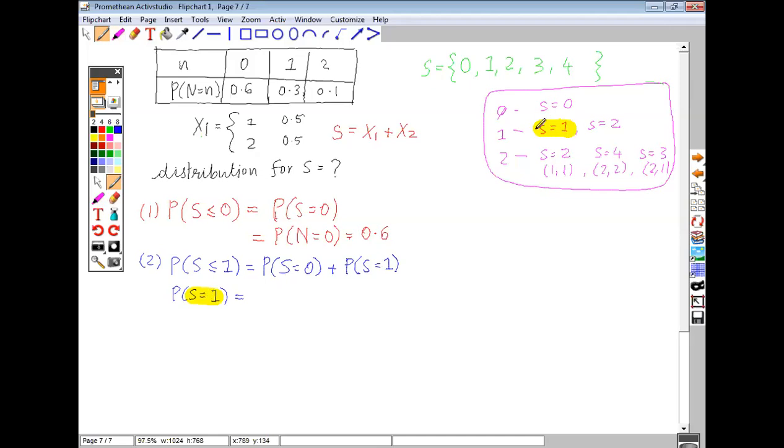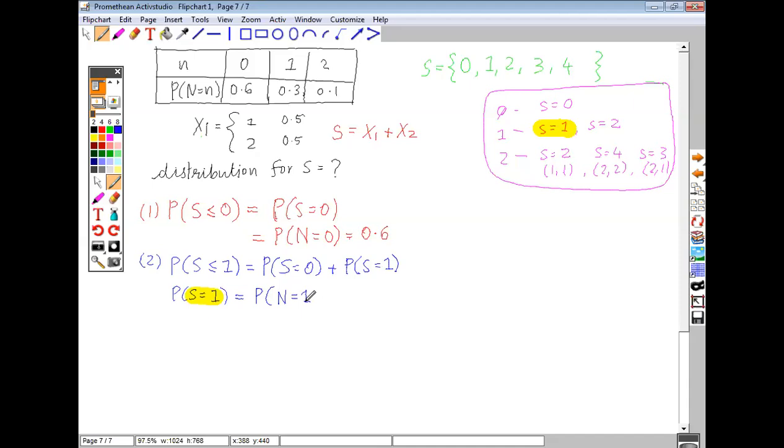What were the conditions satisfied here? Probability n equal to 1 into probability x equal to 1. Exactly.